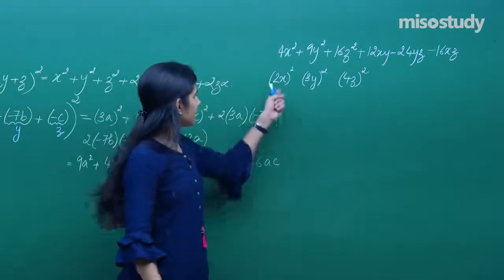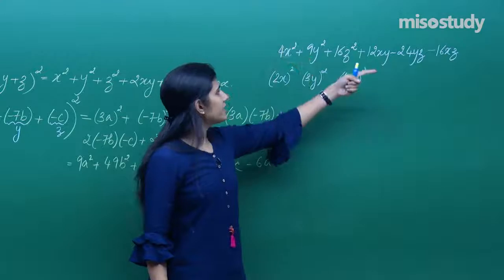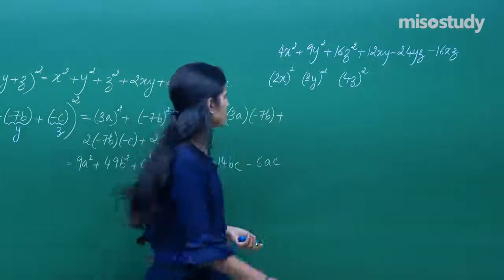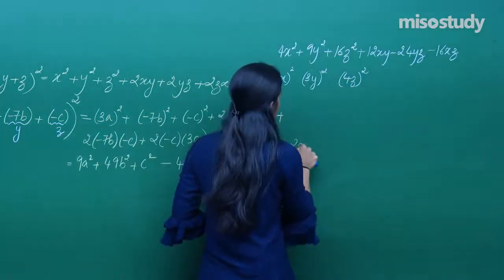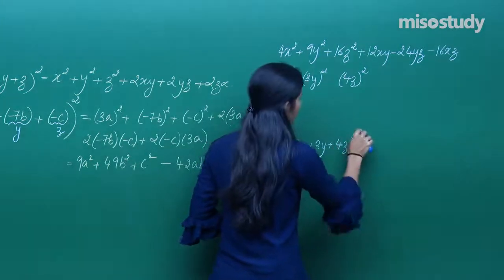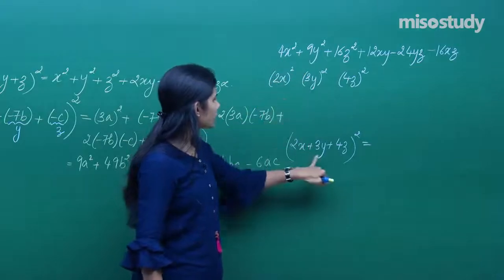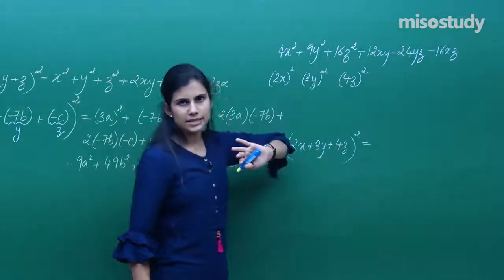But can I say I can take this as my a, this as my b, this as my c, and write this entire expression as a plus b plus c whole square? No, I cannot. Because if I take a as 2x, b as 3y, c as 4z, then 2x plus 3y plus 4z whole square. In this expansion, of course, you will get 2x whole square, that is 4x square, plus 3y whole square, which is 9y square, plus 4z whole square, which is 16z square.